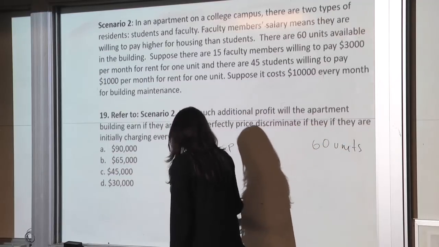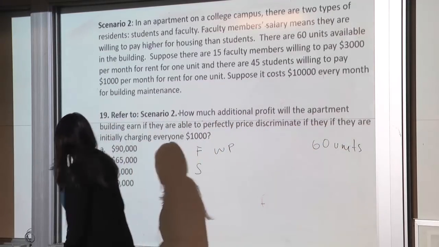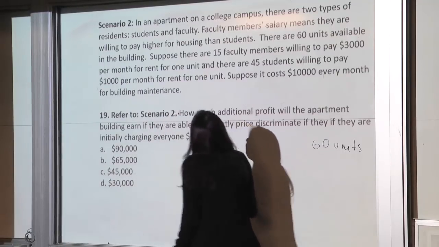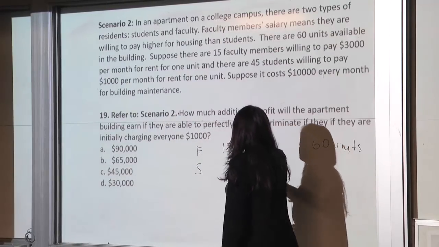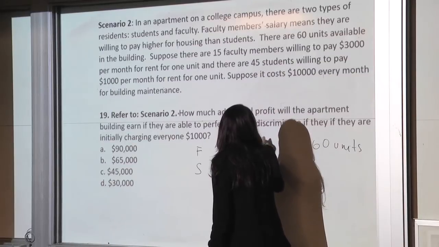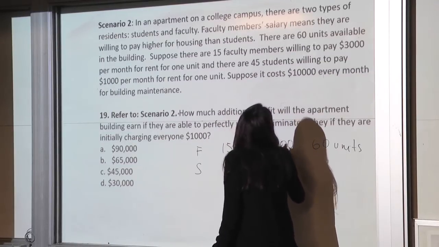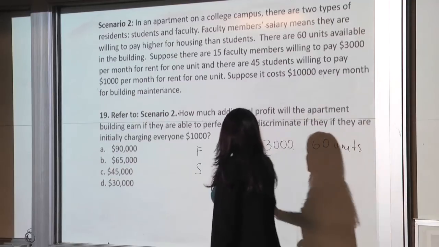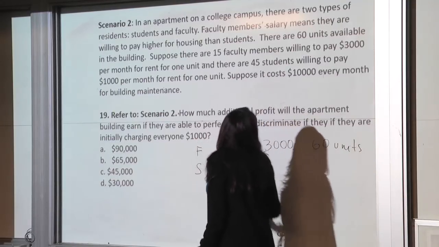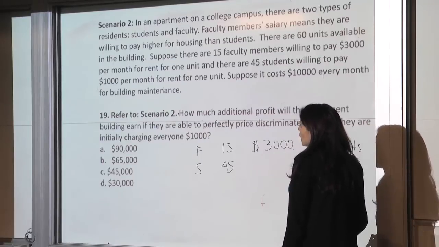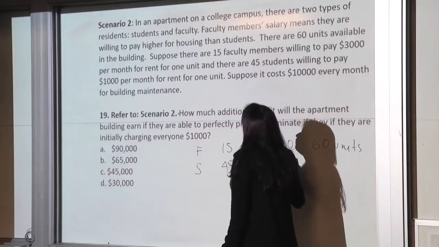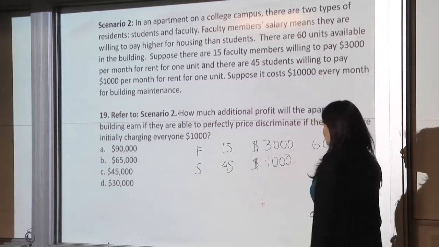Suppose there are 15 faculty members, and their willingness to pay is $3,000 per unit, per month, and there are 45 students, and their willingness to pay is $1,000 per month for rent for 1 unit.